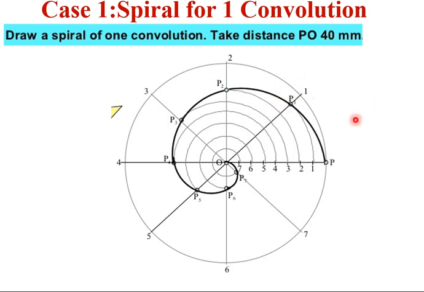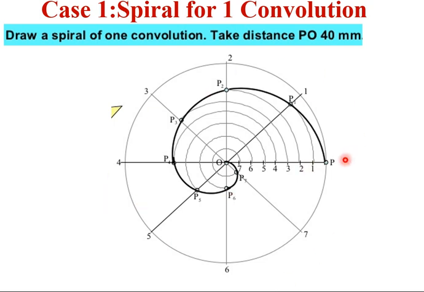If it is moving in clockwise, you need to go in clockwise. But if it is not given, you are free to use any case. I hope this is very clear to you. Now, what we will see. Now here in this case, after drawing this OP, with O as center and P as radius, draw this circle.